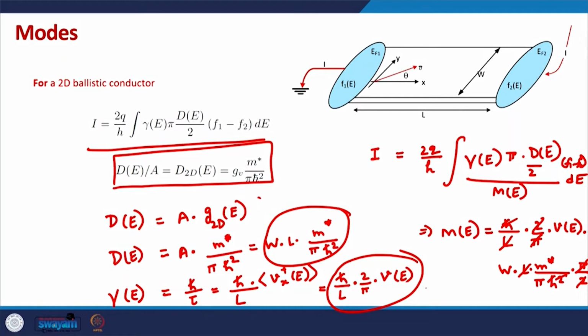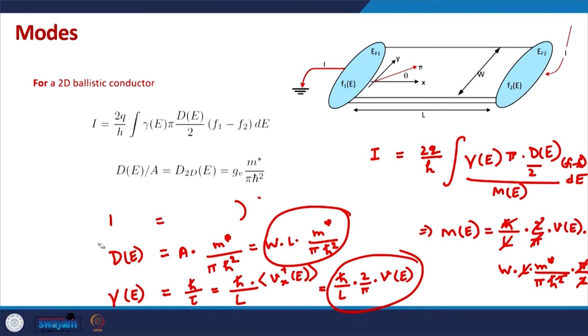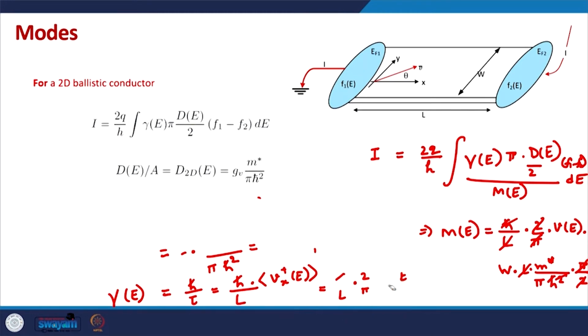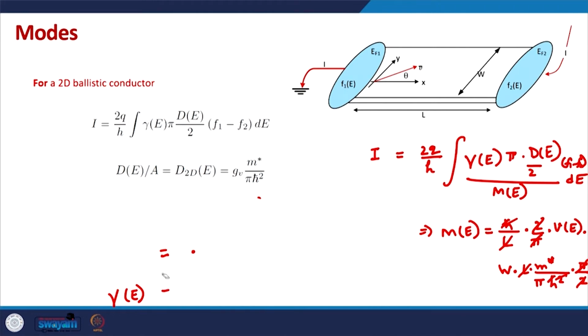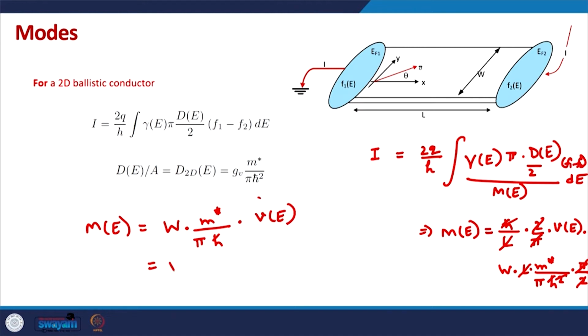What is left, if we eliminate all the redundant terms, is M of E equals W times m star divided by pi h bar square, sorry, we are only left with h bar, not h bar square: W times m star divided by pi h bar, times Ve, where Ve is essentially the square root of 2 times (E minus EC) divided by m star.